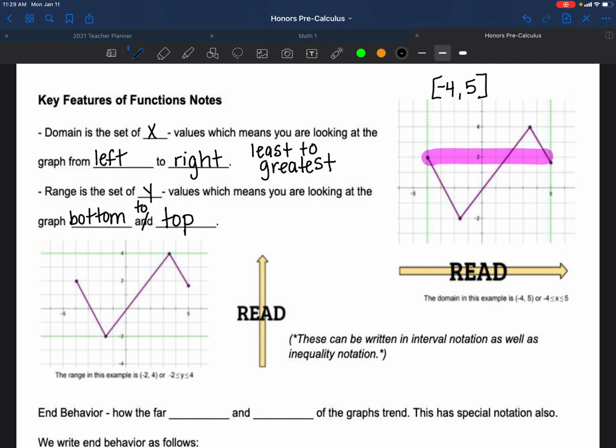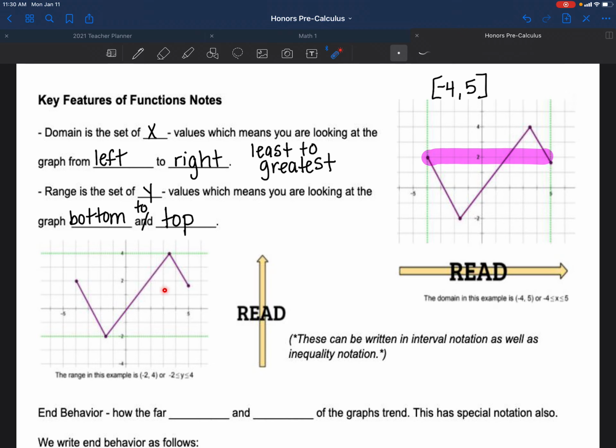Now, when we look at our range, if we look at this one, it is going from the bottom to the top. So the lowest y value of this graph is going to be right here at -2. It doesn't go any lower than that. And yes, there's a lot going on in between. We have some changing in direction. We have some multiple values, but remember, in order to be a function, the only thing that can't repeat are our x values.